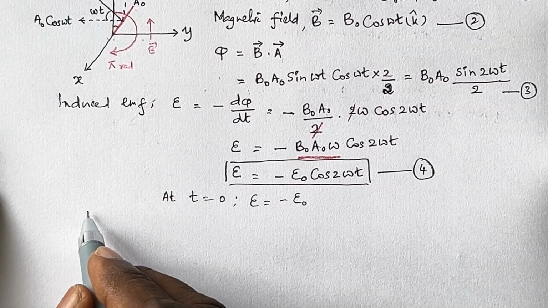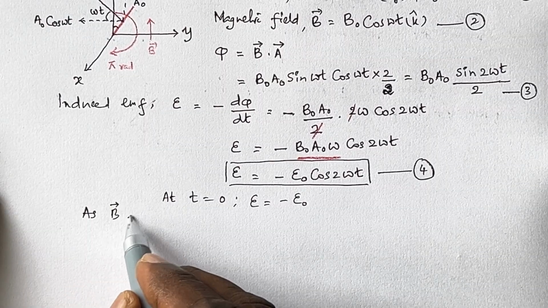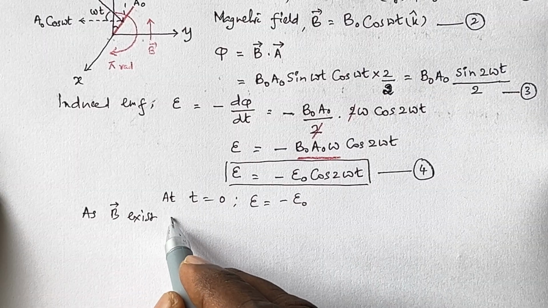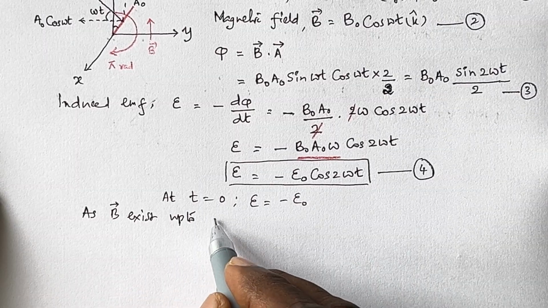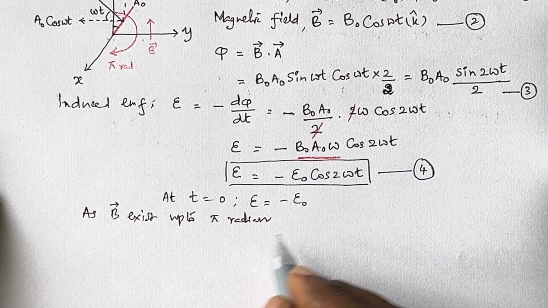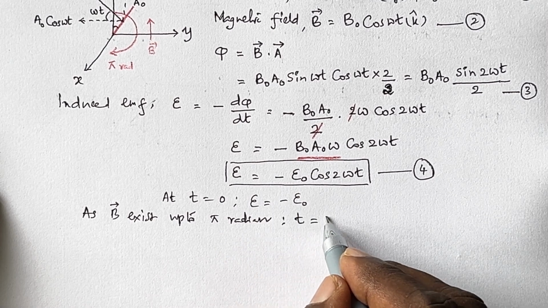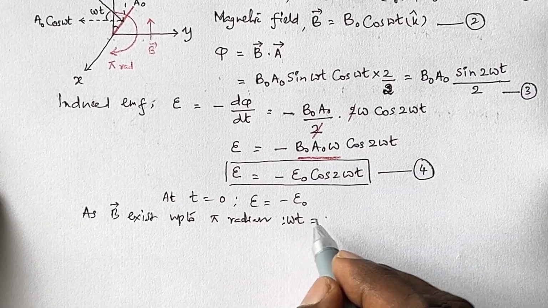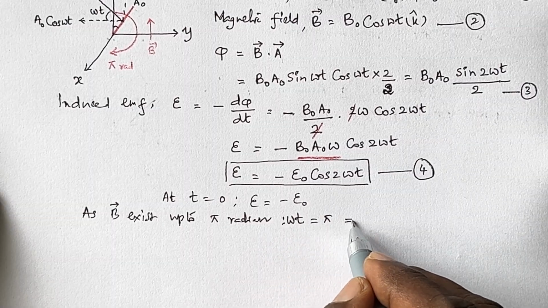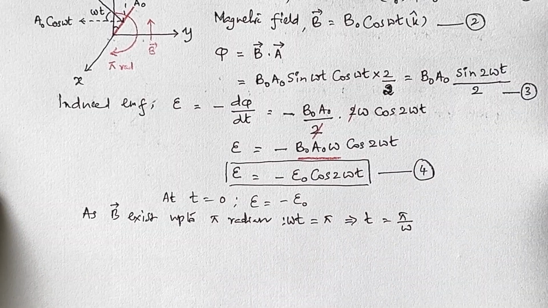Therefore, as the magnetic field exists up to pi radian, that means up to omega t is equal to pi, that means t is equal to pi by omega.